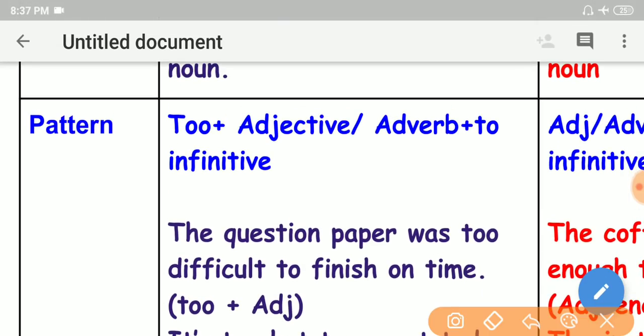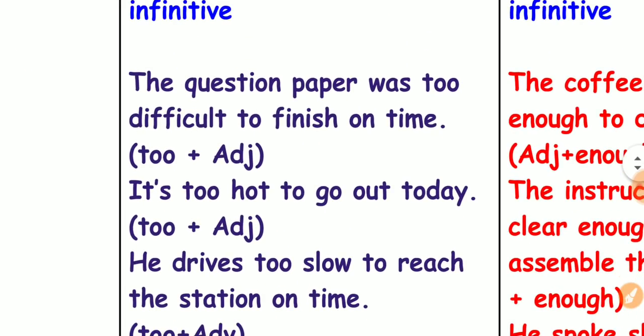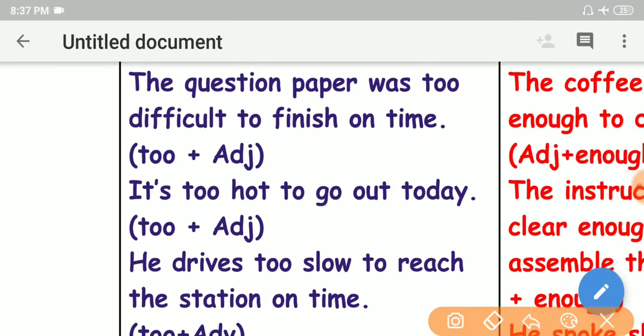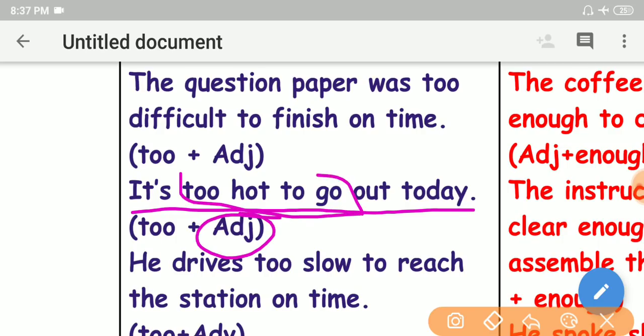Like this, we have a number of examples. It is too hard to go out today. Too hard to go out today. The pattern is too plus adjective plus to-infinitive.